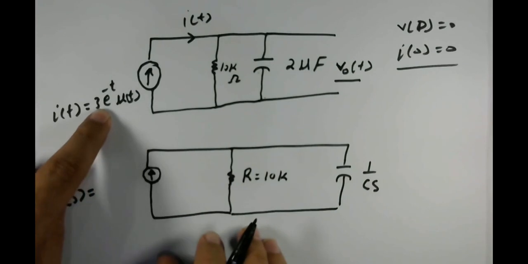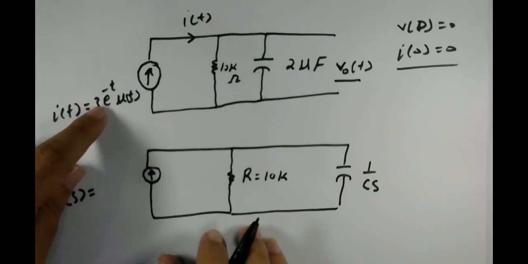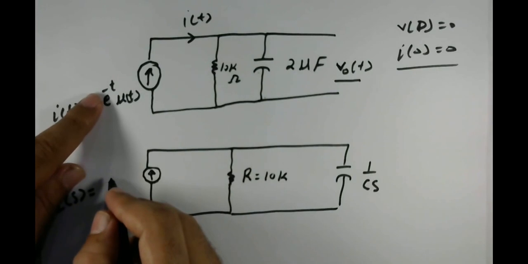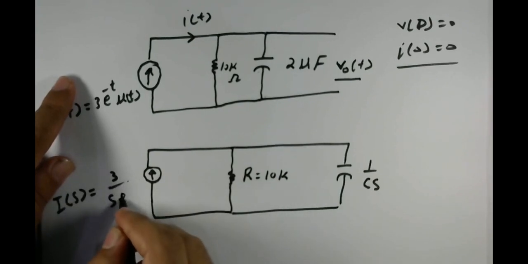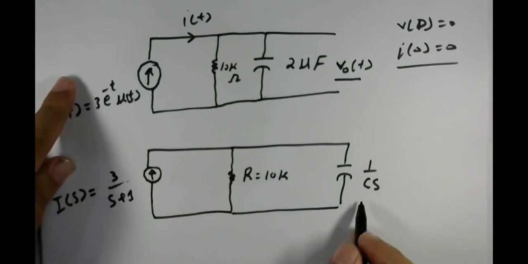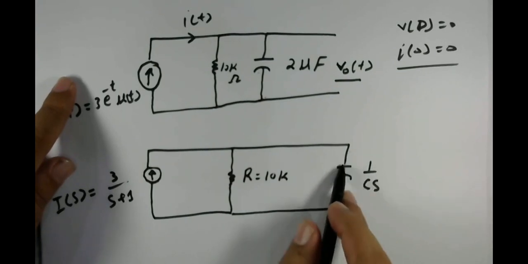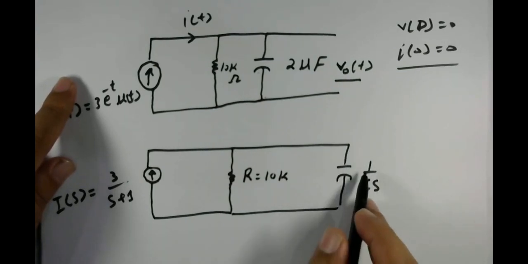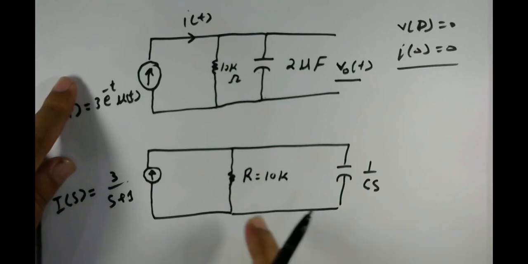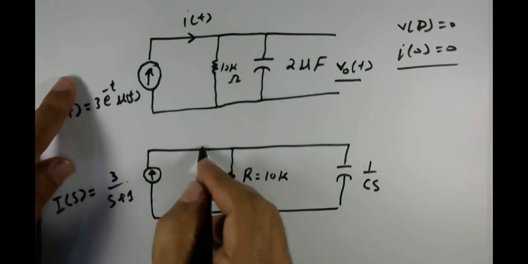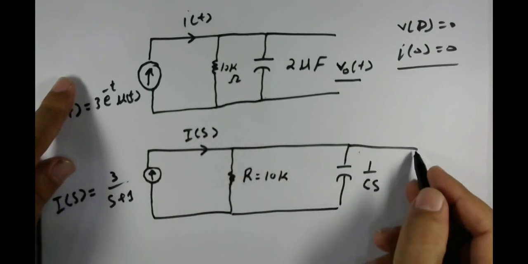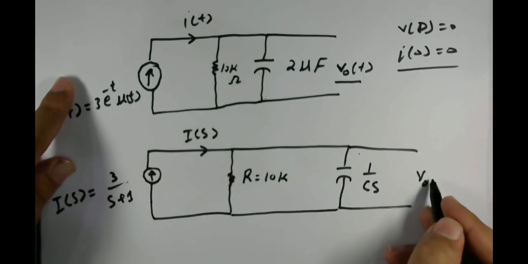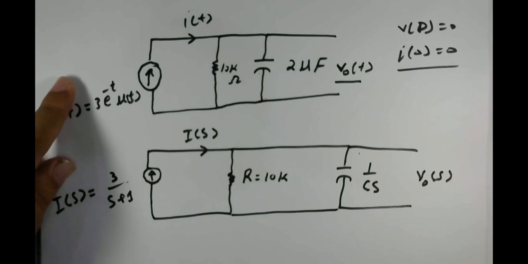The Laplace transform of e raised to the power minus t is 1 by S plus 1, so this becomes 3 by S plus 1. You can put the C value over here to get the total reactance of this capacitor in the S domain. You already have R, and this current will be I of S, and what you need to find is the voltage across this capacitor, that will be V out of S.